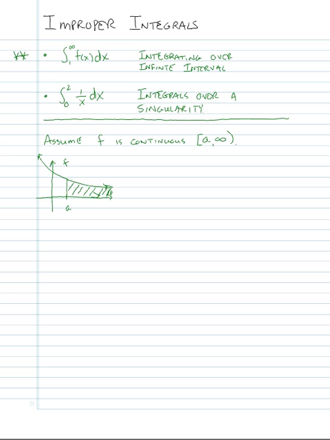We first recognize that we can calculate an integral. So I'm building up to how we're going to do it. We recognize that we can calculate the integral from this value a to some value b that's bigger than a, but it's not infinite. So we can calculate that integral.